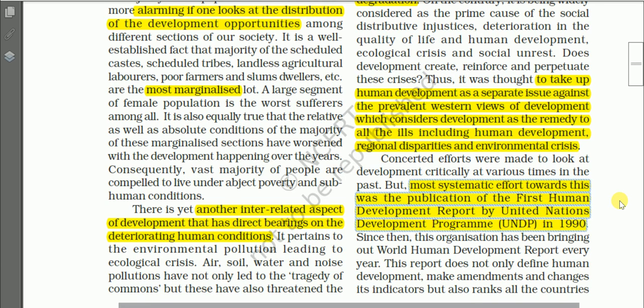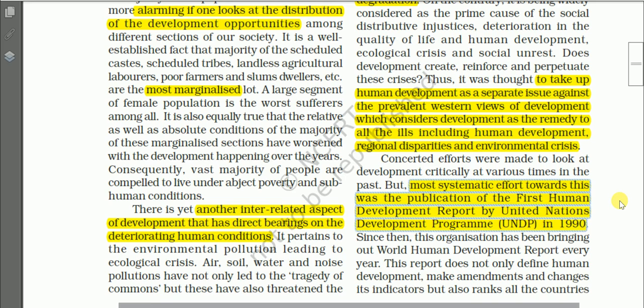So many concerted efforts have been made to find out development in the real sense, but the most systematic effort towards human development was that first report.